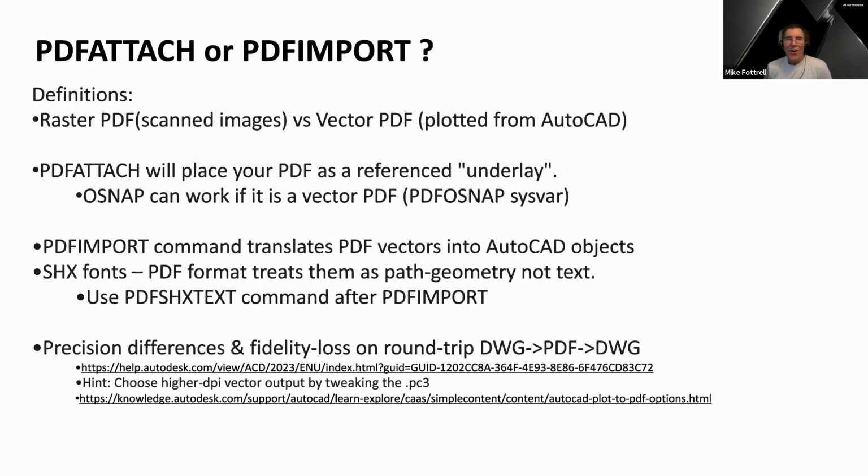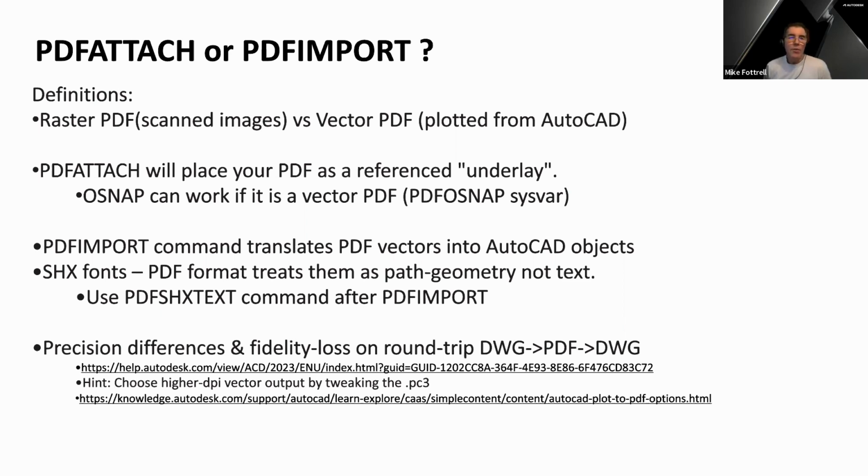If you have some text objects that used SHX fonts, they're going to go to the PDF as little, what we'd call grass clippings, just little parts of the text. A D would be maybe an arc and a vertical line, and you'll have all the little components of that text. So there's a little cleanup, but we added a command called PDFSHXTEXT.